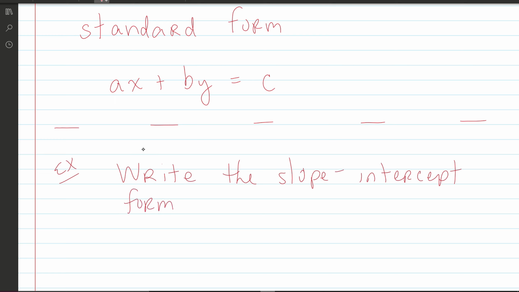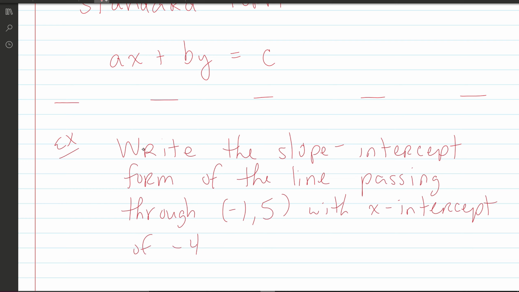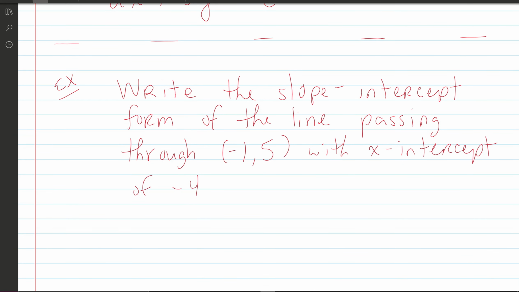You're told to write the slope-intercept form of a line, and the line is passing through a certain point with an x-intercept. So for our example, we want the slope-intercept form of the line passing through the point -1, 5 with an x-intercept of -4.